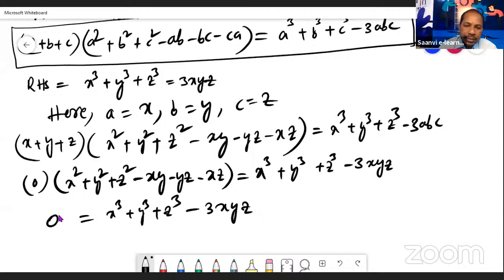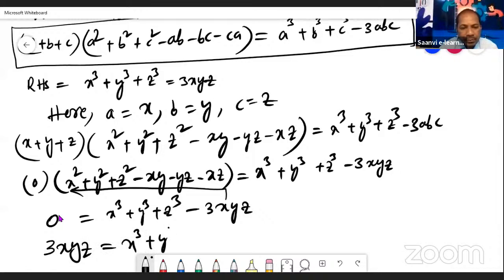We have to show that x cube plus y cube plus z cube is equal to 3xyz. So minus 3xyz sent to this side becomes plus 3xyz. Plus 3xyz is equal to x cube plus y cube plus z cube.